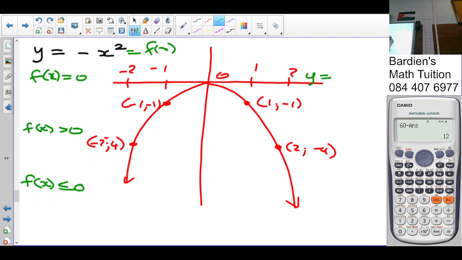X is equal to 0. Nice. Where is f of x greater than 0? Is there any part of this graph that's greater than 0? You're right. There's no part that is positive. So what do I write?